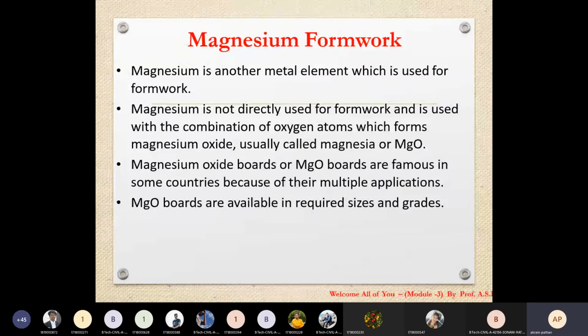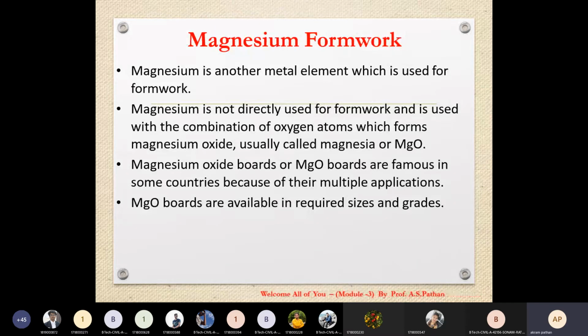Magnesium is another metal element which is used for formwork. Magnesium is not directly used for formwork; it is used in combination with oxygen atoms, which form magnesium oxide, usually called magnesia, that is MgO. So from the combination of oxygen atoms and magnesium, we get the magnesium formwork.